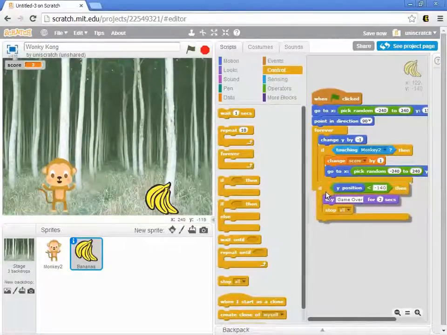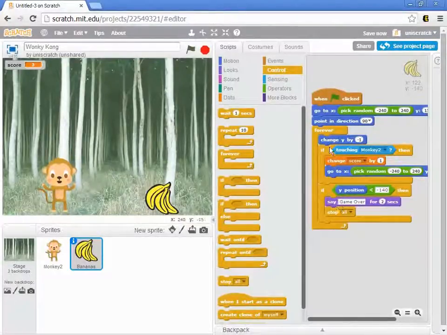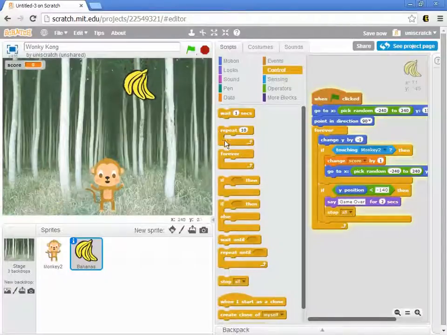Well, really, we want to just ask it as a secondary question in my forever loop, right? As my loop runs, I want the bananas to drop by 1. I want to see if they're touching the monkey. If they are, handle it. If they're either way, then ask a separate question that says, are you still in the air? Or in this case, are you not still in the air? If you're not still in the air, then say game over and stop.